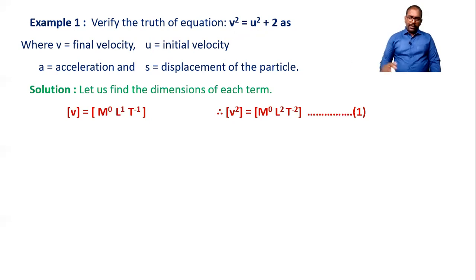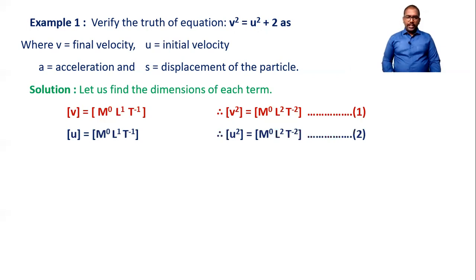In a similar manner, we can write the dimension of u square also. U is the initial velocity, so it is a velocity again, having the same dimension. So the square of that we take as equation number 2. Now similarly we can write the dimension of 2as. 2 is a number and doesn't have a dimension. So it is the dimension of a multiplied by the dimension of s. A is the acceleration, s is the displacement.